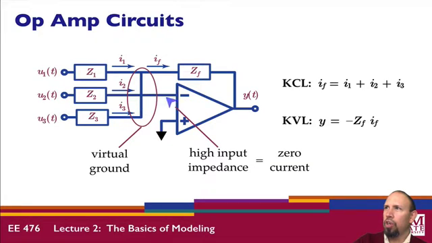Notice that no current can flow this way, so all of these currents must flow this way. IF then is the sum of those currents. Okay, and so then I can apply this equation. Y is equal to minus, so notice it's going the opposite direction, minus ZF times IF. Okay, and so that is how we would analyze an op-amp circuit.